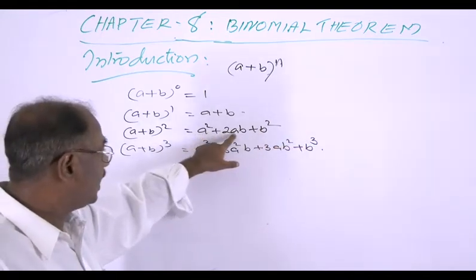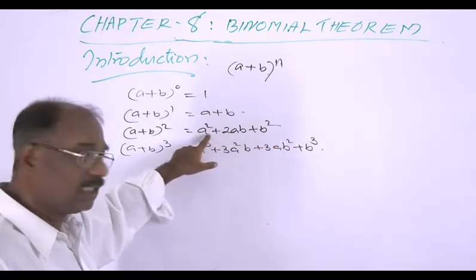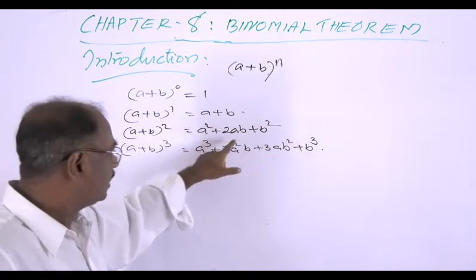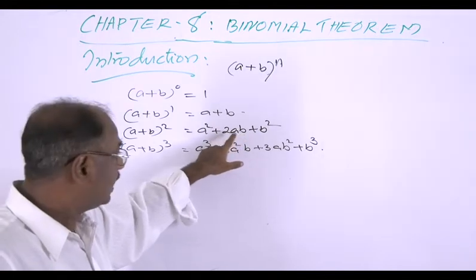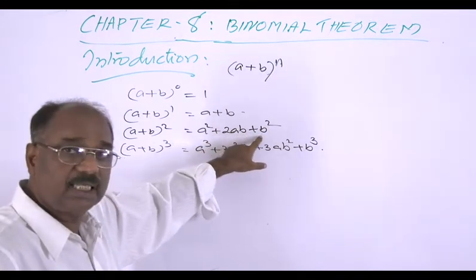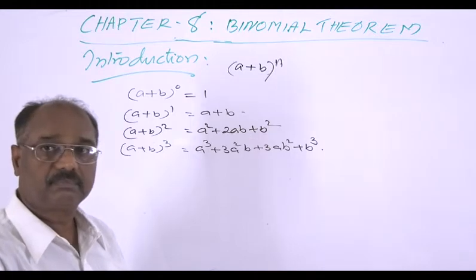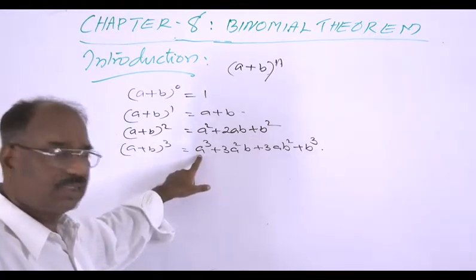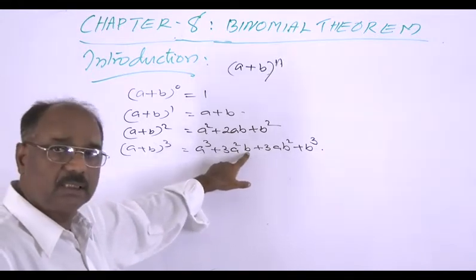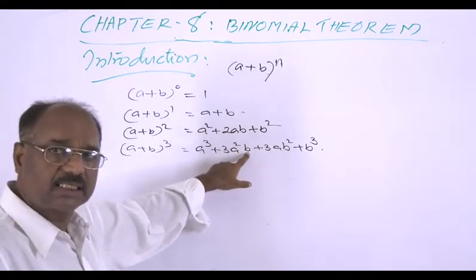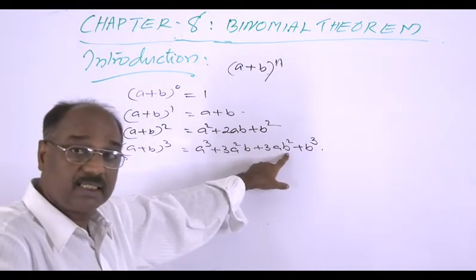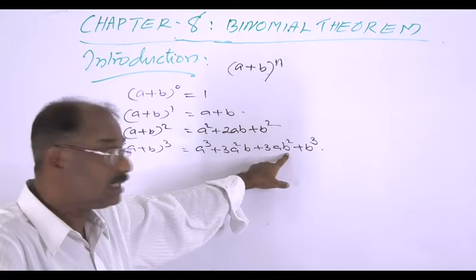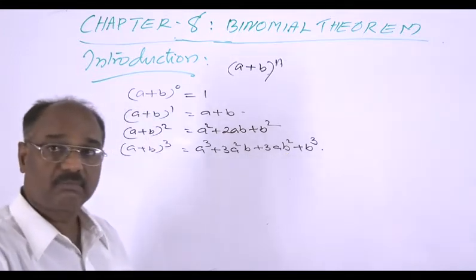So A squared, then A, then B raised to 0, then B raised to 1, then again A reduced by 1, B increased, so B squared. Here also the same situation: A cube, then A squared B, A reduced by 1, B increased by 1, A B squared, then B cube.